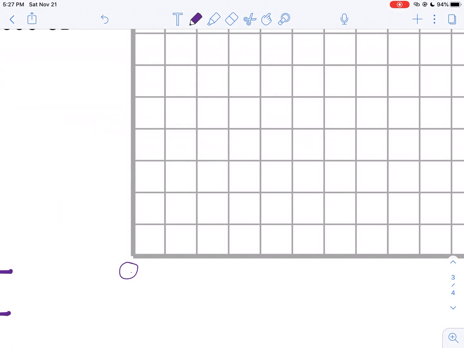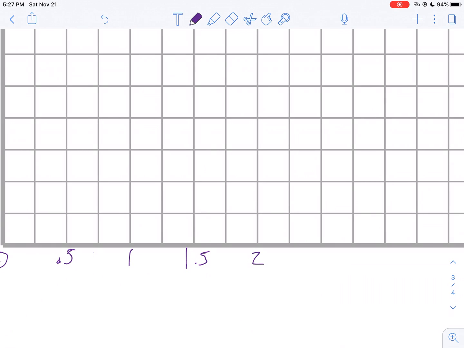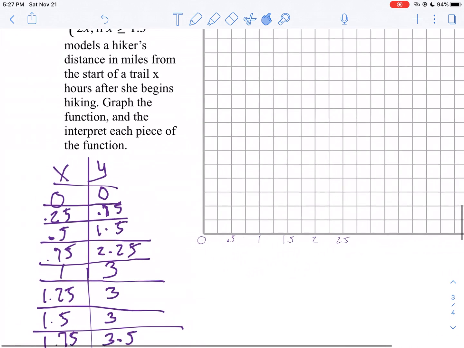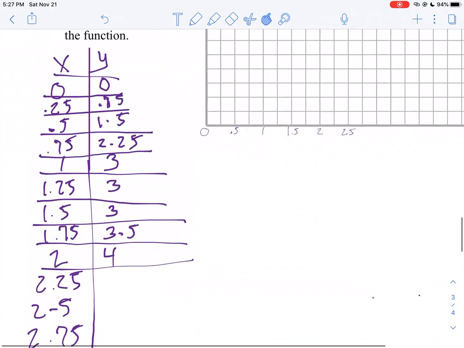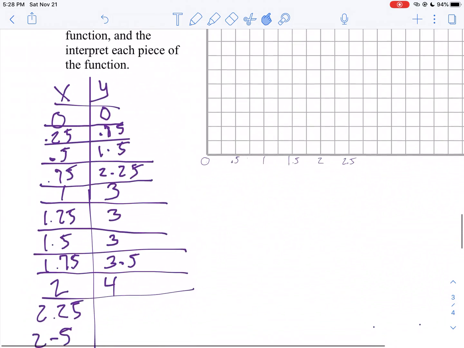Then my next one is 0.25, 0.5, 0.75, 1, 1.25, 1.5, 1.75, 2, and then 2.25, 2.5. I didn't go any further than 2, so that's good enough. Then I'm going to go from 0 to 4.